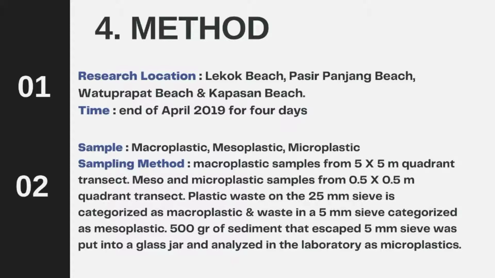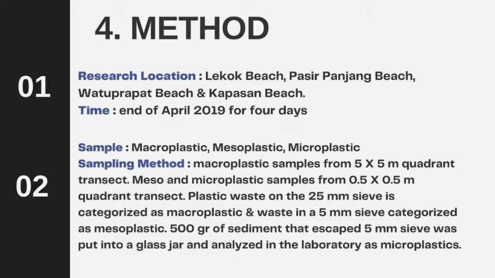The samples are macroplastic, mesoplastic, and microplastic. For the sampling method, macroplastic samples come from a 5 multiplied by 5 quadrant transect, and meso and microplastic samples from a 0.5 multiplied by 0.5 quadrant transect.